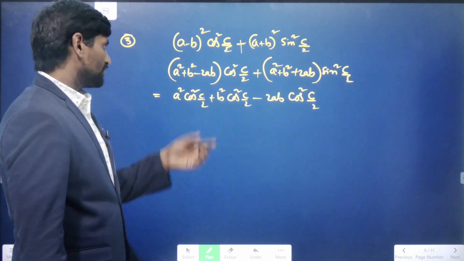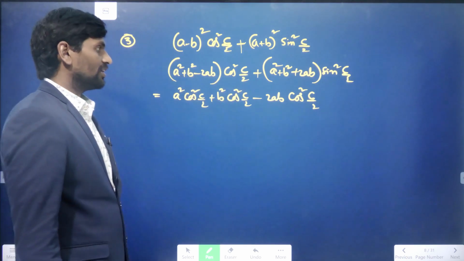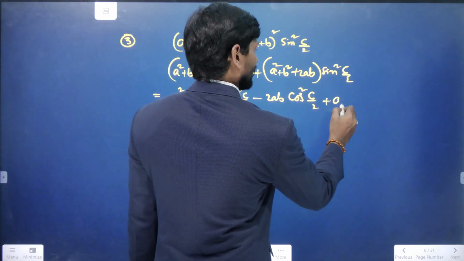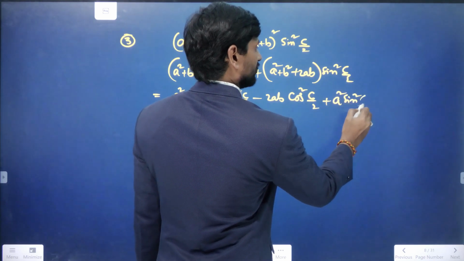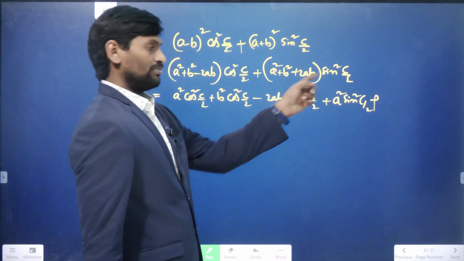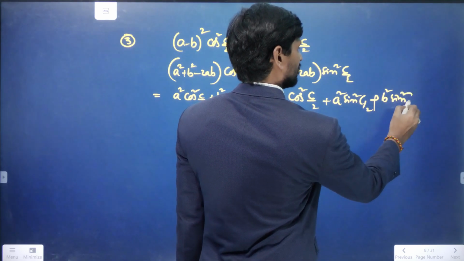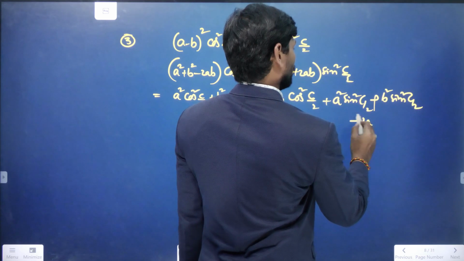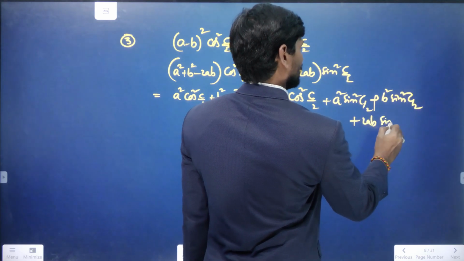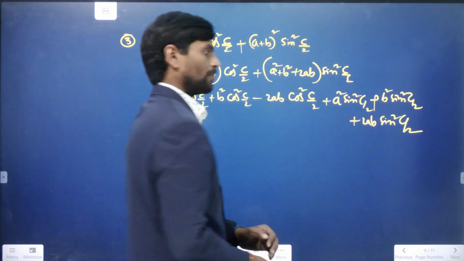So this trinomial is multiplied with the monomial. Same as the second one: A square sin square C by 2 plus B square sin square C by 2 plus 2AB sin square C by 2.